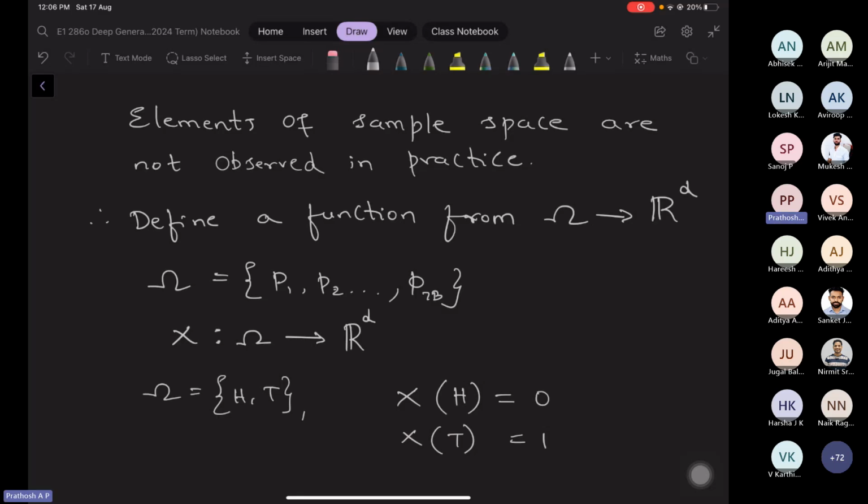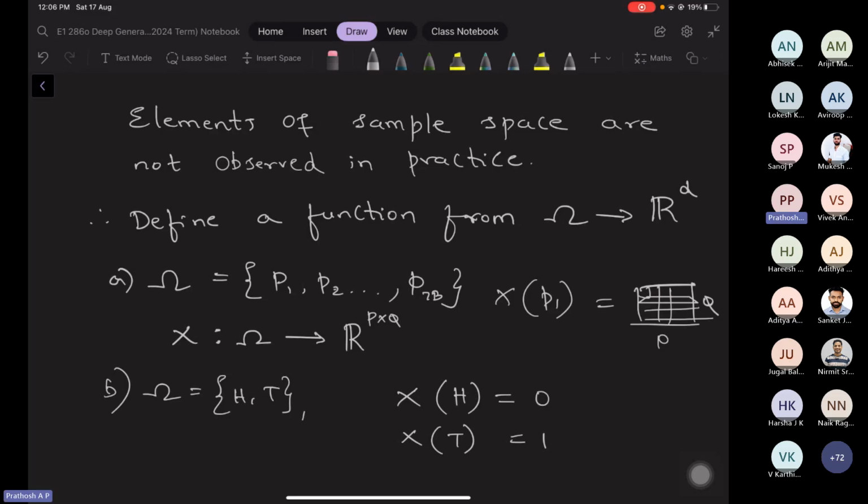Here, in the first example, I can't write it this way because every element, x of person 1, will now become a d-dimensional vector. For our convenience, it's actually a p cross q image, so let me write it as p cross q dimensional to make things easier. Every entry of this is a real number. Do you understand what's happening?